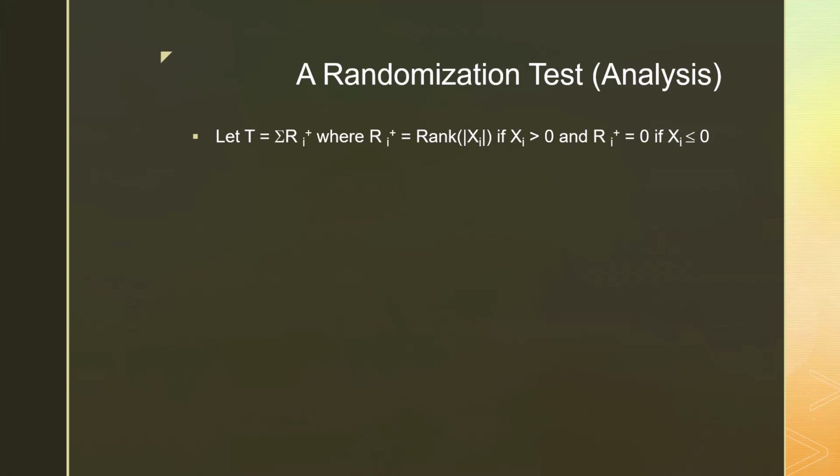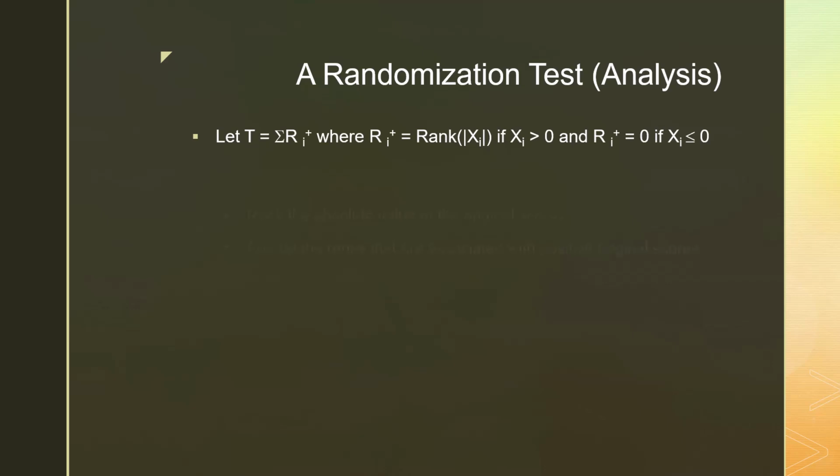That is, we ignore the sign when we rank. R_i+ is the rank of the score without the sign attached if that score is greater than 0, that is, if it is positive, and R_i+ is 0 if it is negative or equal to 0.